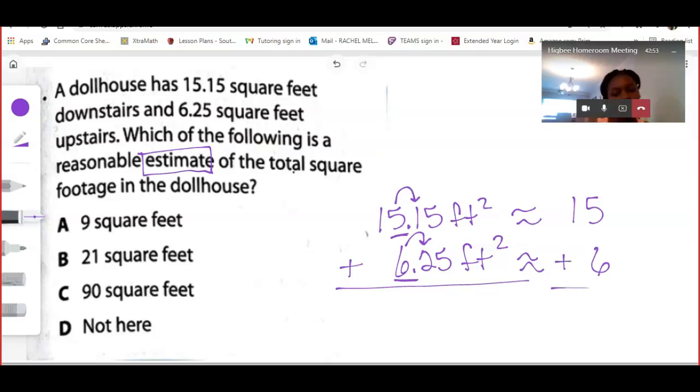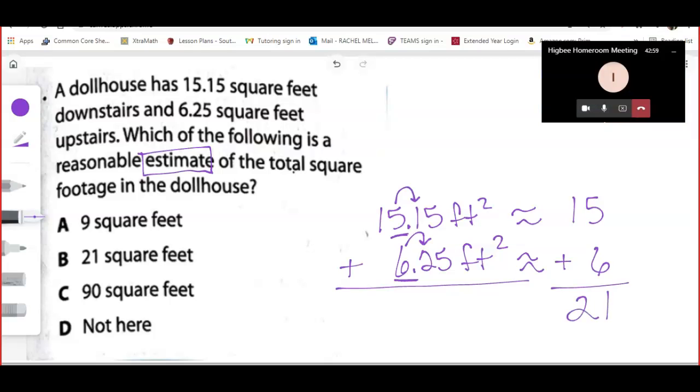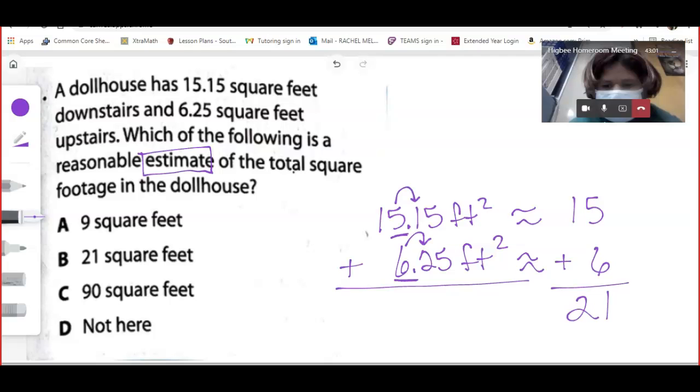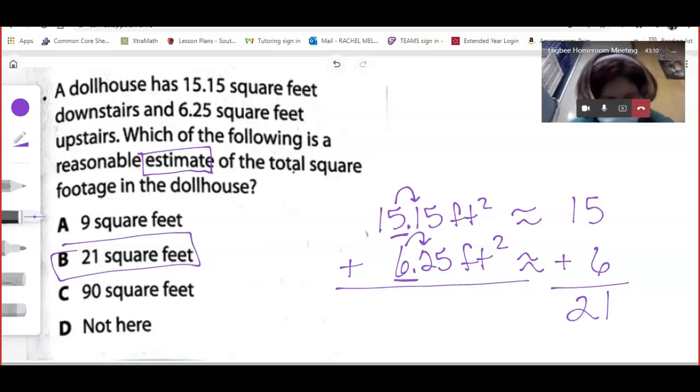Well, what is 15 plus 6? 21. Is that an answer choice? Yes. There you go. That's your answer. It's that easy. Absolutely. That was my point. Any questions on that one?